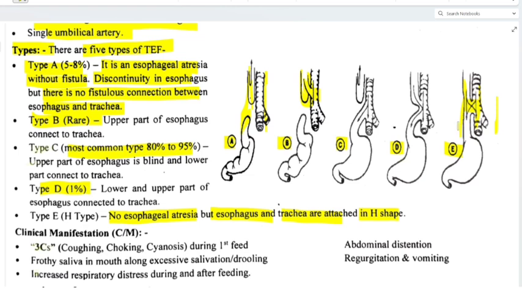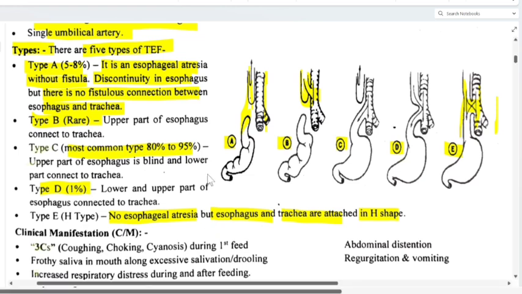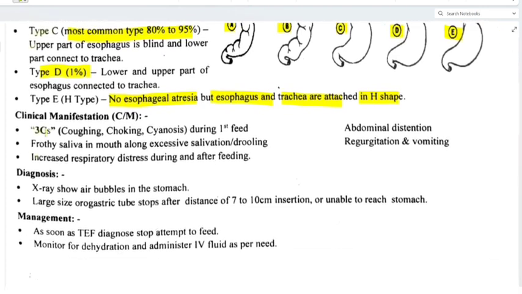Now it is clear. Coming to clinical manifestations, see the 3 C's: coughing, choking, cyanosis during the first feed. Then abdominal distension, frothy saliva in the mouth along with excessive salivation or drooling. Then regurgitation and vomiting, and increased respiratory distress during and after feeding.